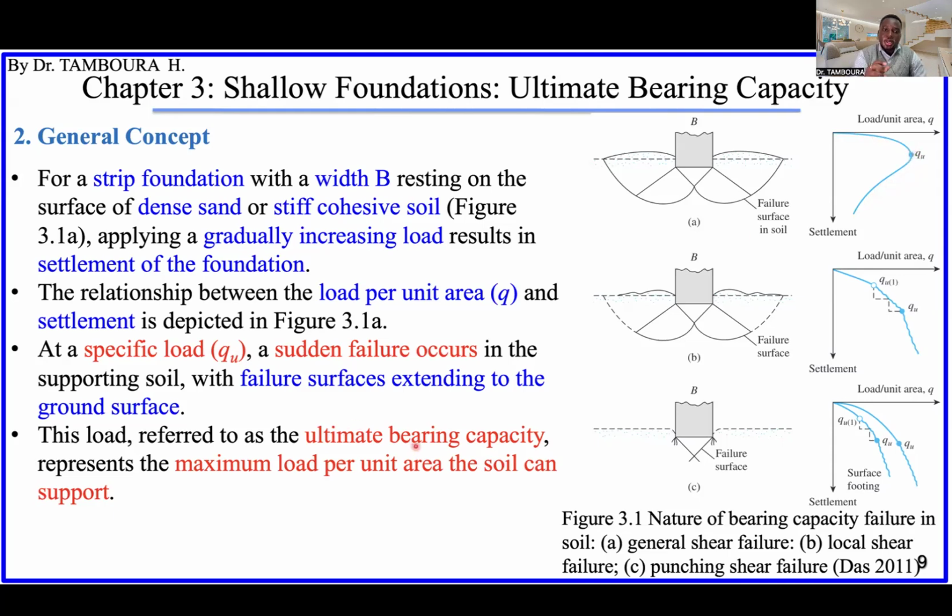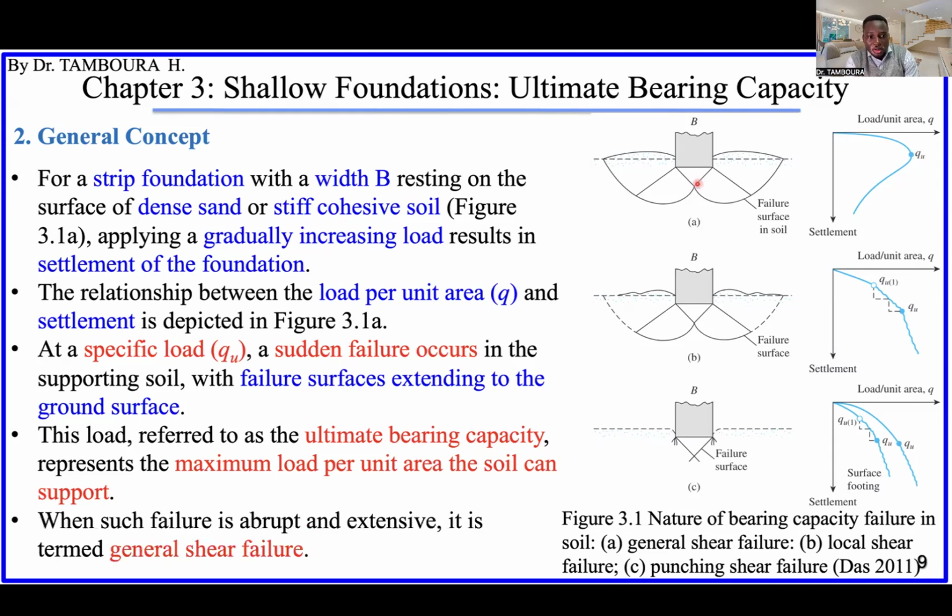This is the ultimate bearing capacity: the maximum load per unit area that the soil beneath the footing can support. When such failure is sometimes abrupt and extensive, it is termed general shear failure. So this is what we say here, general shear failure.